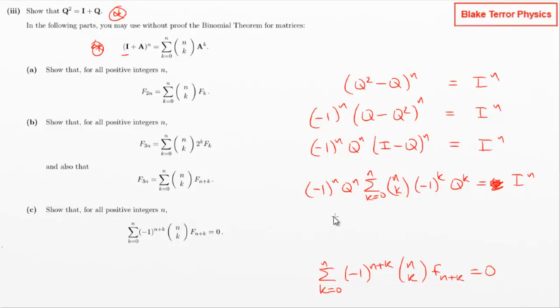And then I just say, looking at the top right element of I to the n, which equals 0, we then get this. So I'm just combining all those things together and it just drops out. Right, okay, that came out fine.